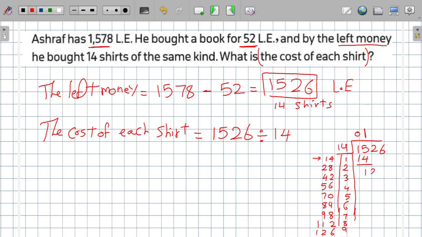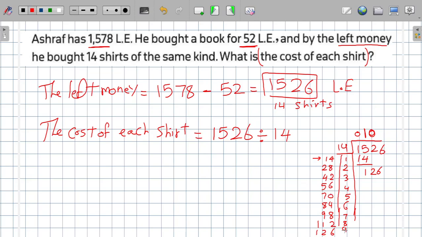The next digit is 2. Here I have 12 divided by 14. The first number is less than the second number, so I cannot divide. So I will write 0 here, and I will get the next digit. So I have here 126. 126 is in the timetable of 14.